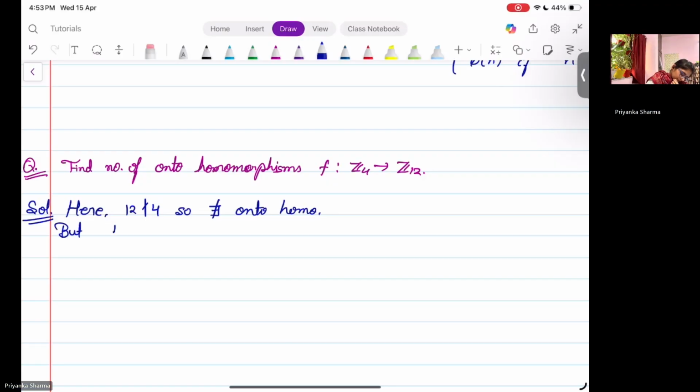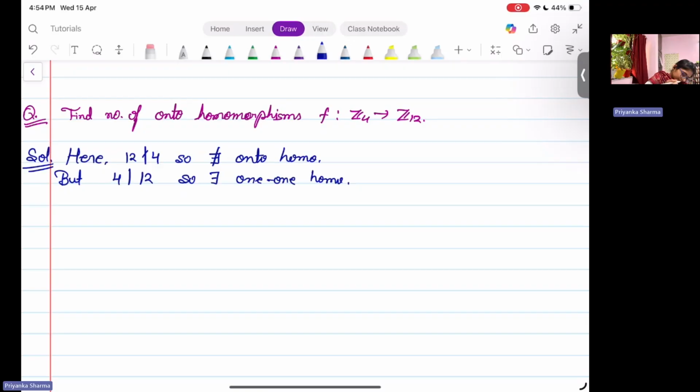But 4 divides 12, so we can find a 1-1 homomorphism. Actually, the question was to find the number of 1-1 homomorphisms. This is a typo, but yeah, we answer for both 1-1 and onto. So how many onto homomorphisms? 0. And how many 1-1 homomorphisms? Let's find them. The number of 1-1 homomorphisms is phi of 4.